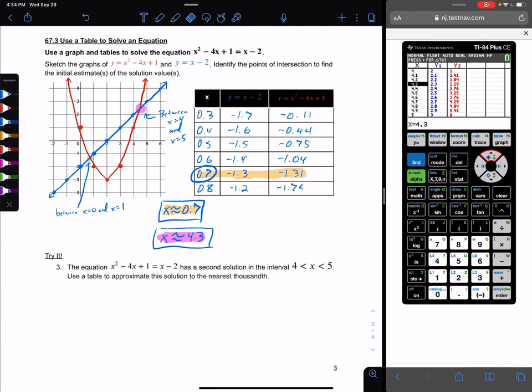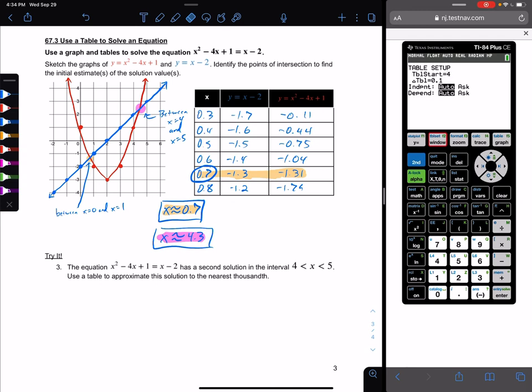So when you're looking for graphs and tables, you want to plot them, really use the table to help you plot the points, and then make the tables more and more detailed and more specific with the table set. Make your table change smaller and smaller, and that'll give you more and more accurate answers.